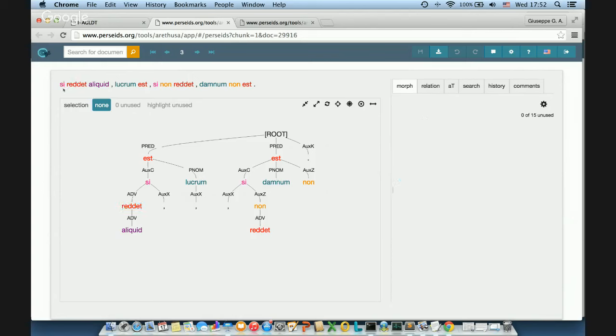The translation is, again, according to my interpretation: if the benefit gives something back, this is gain, comma, if it doesn't give anything back, this is not loss.